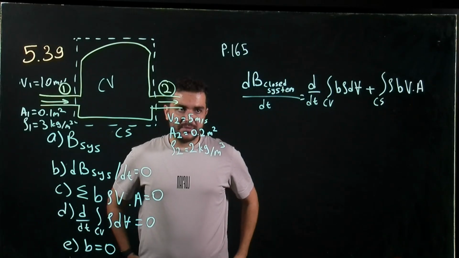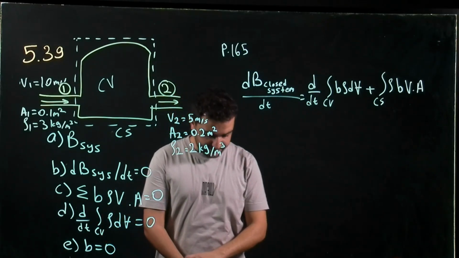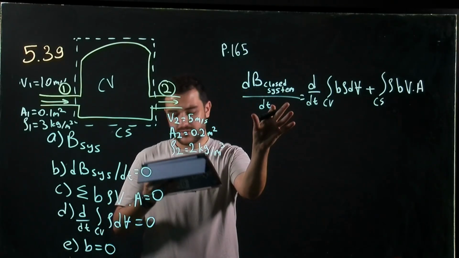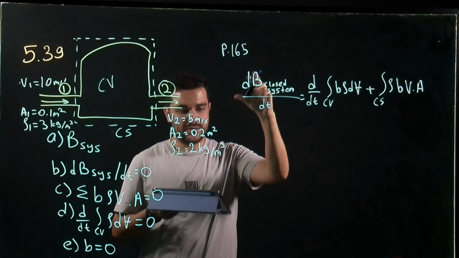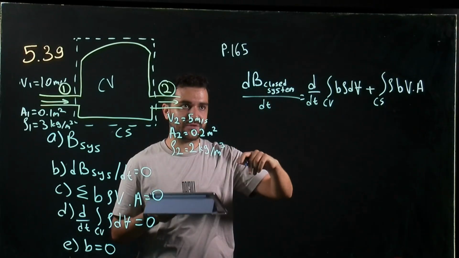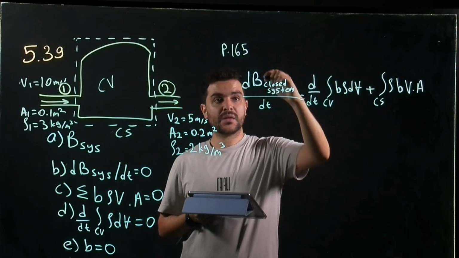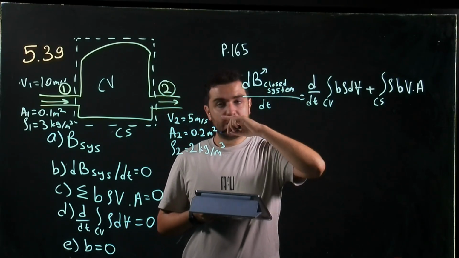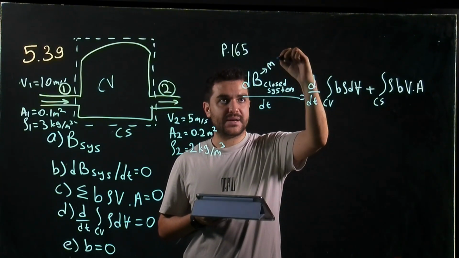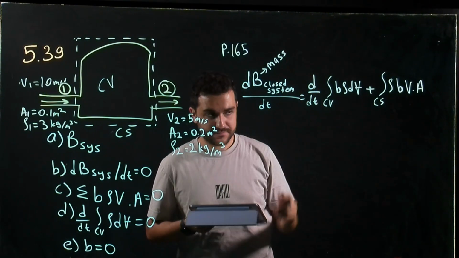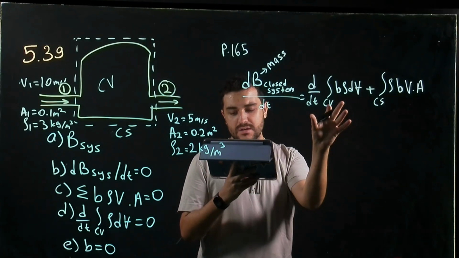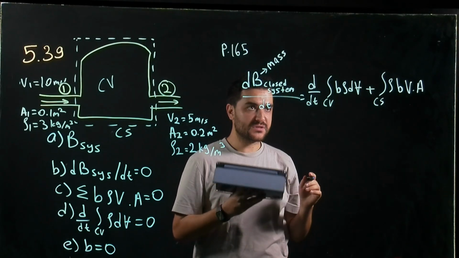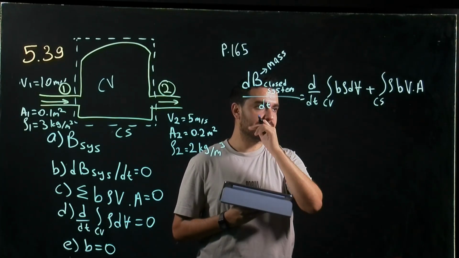So first, let me explain what this equation means. Here we have the rate of change of B in the system, in this closed system. Here we are going to deal with mass. And the second part, which is here, is the rate of change of B in the control volume.